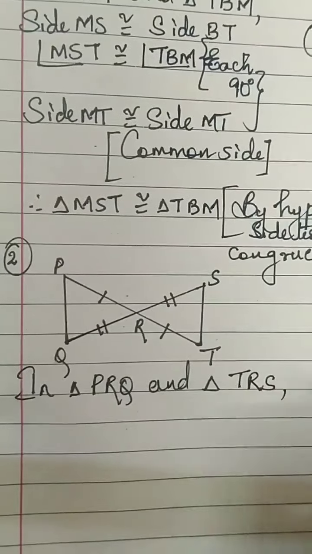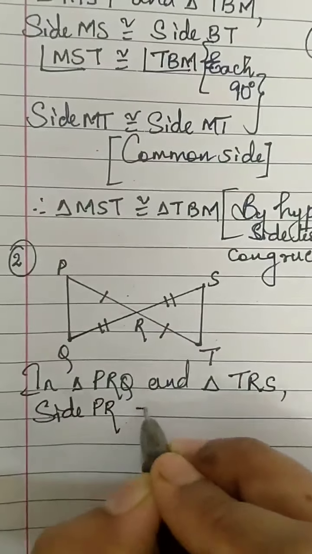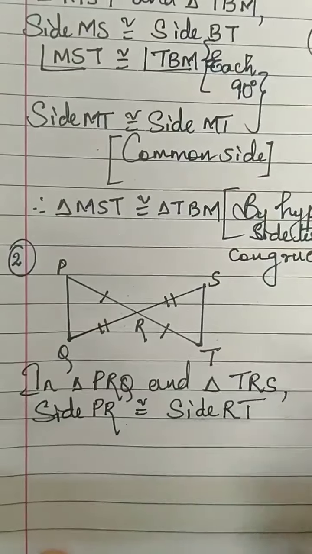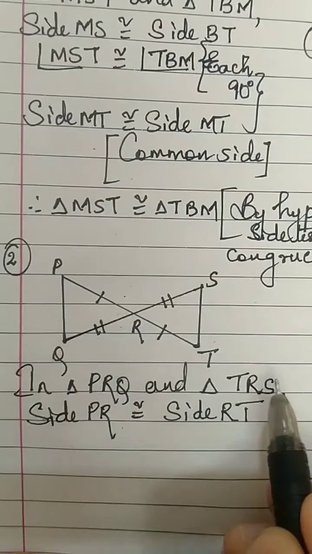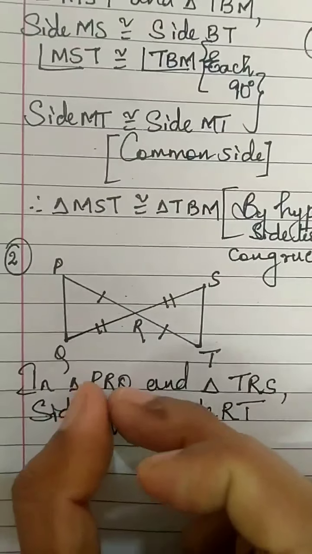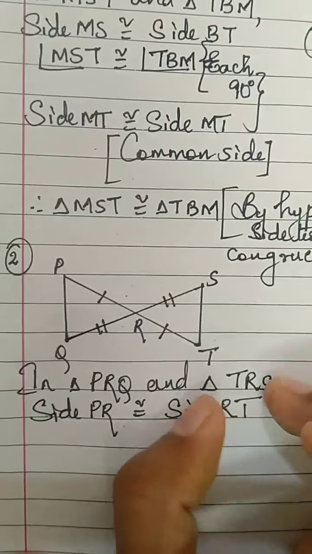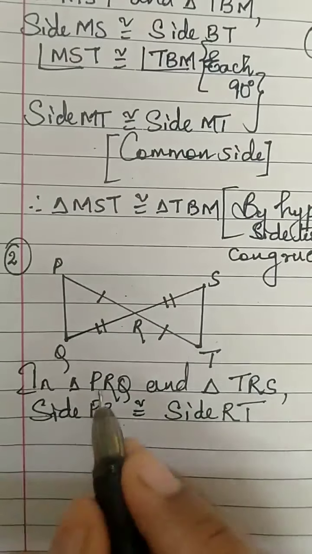In these two triangles, side PR is congruent to side RT. See, I told you children, you need to look at the figure also. If you name the triangles correctly, it will come properly. PR congruent to TR or RT, both the same.